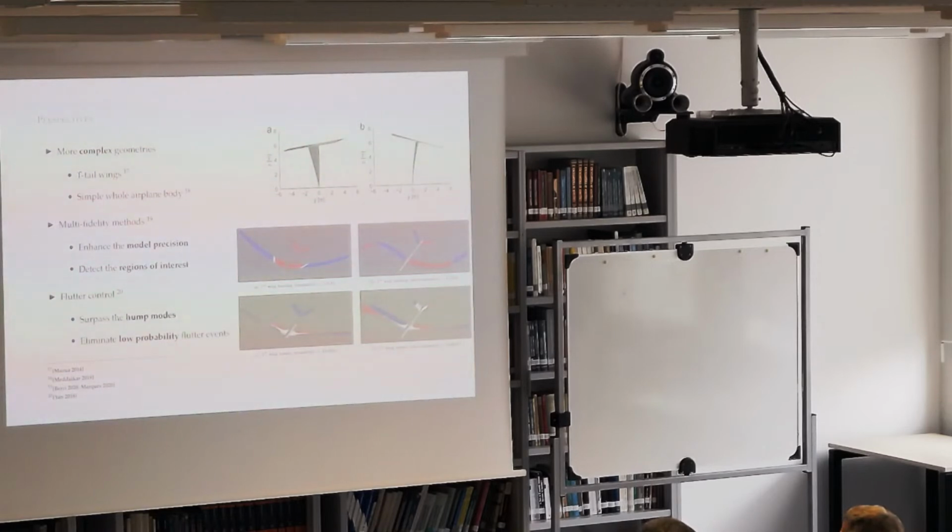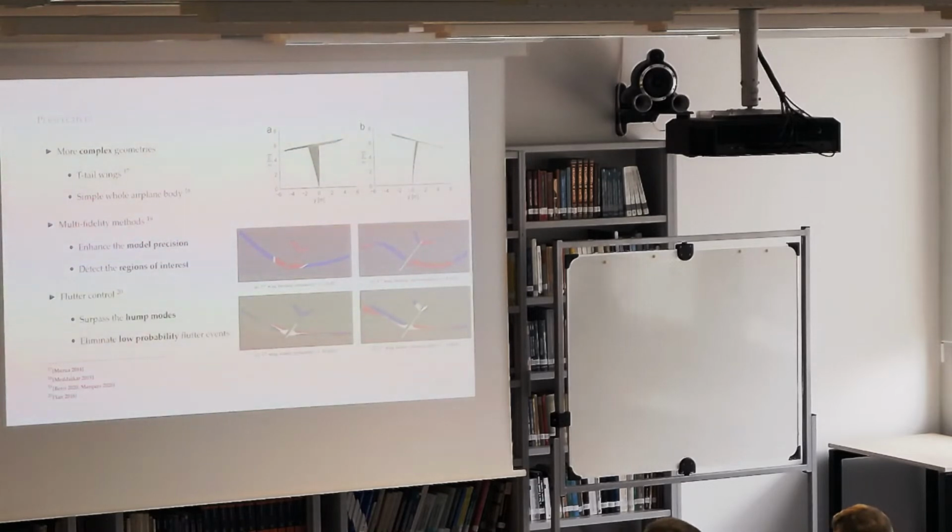We could improve our study by studying more complex geometries with the existing aerodynamic and structural models. We could study T-tail wings or whole airplane bodies, as we can see here, that were done previously in the literature.